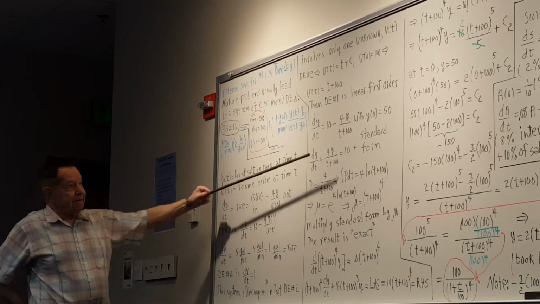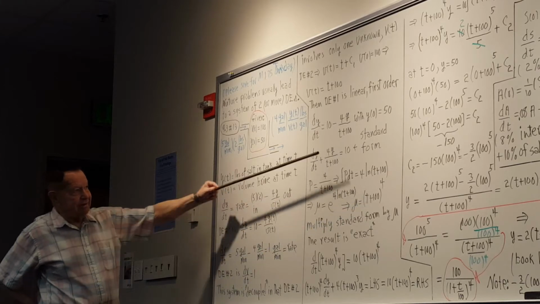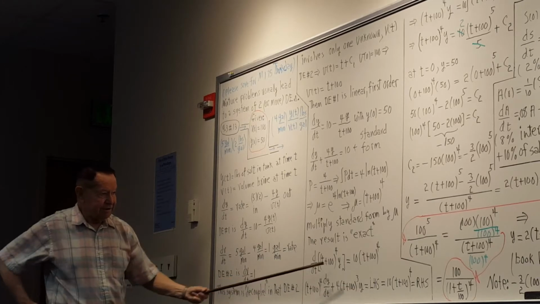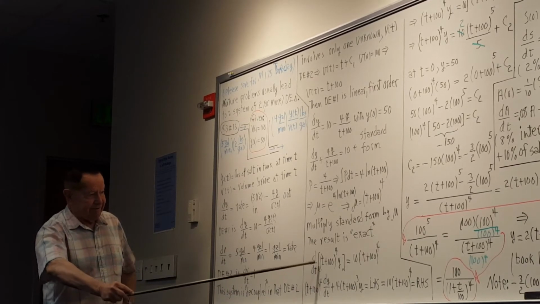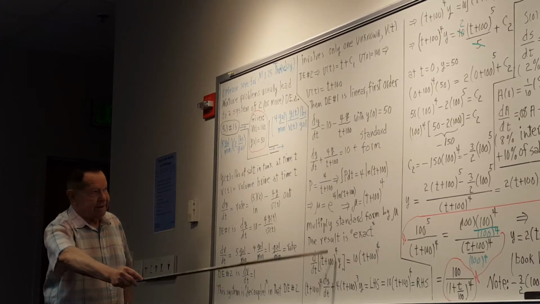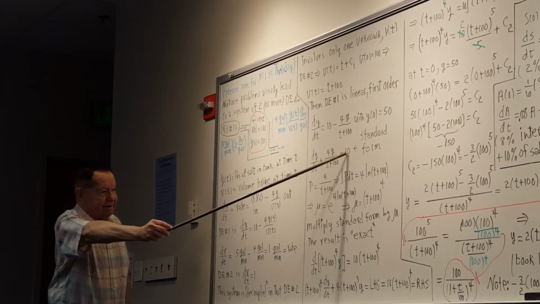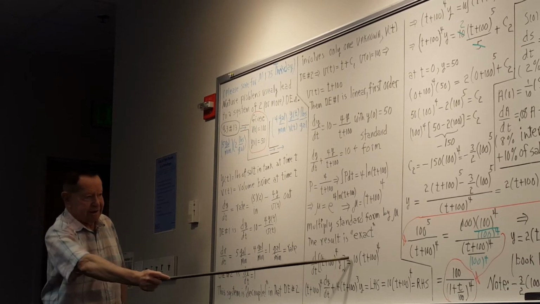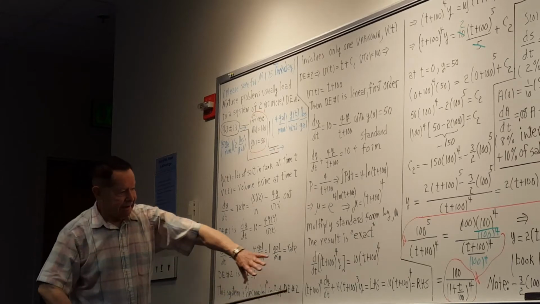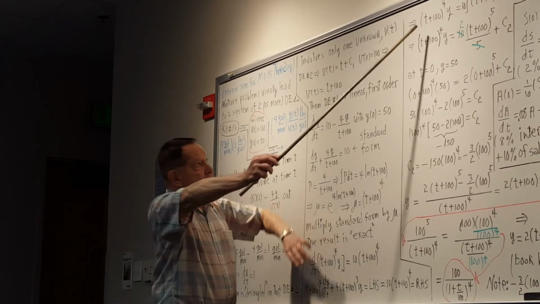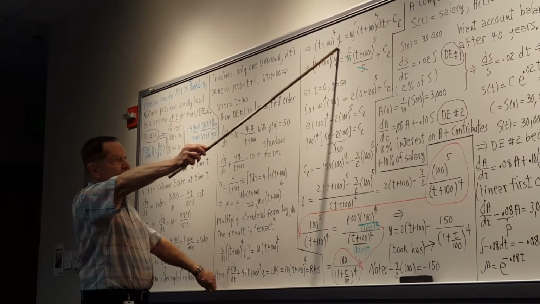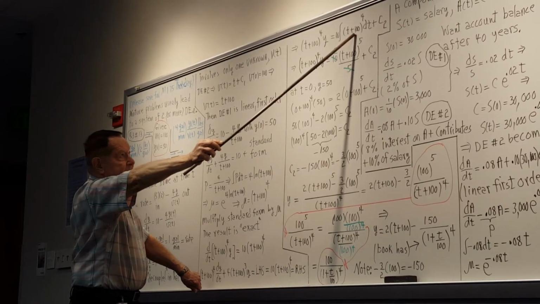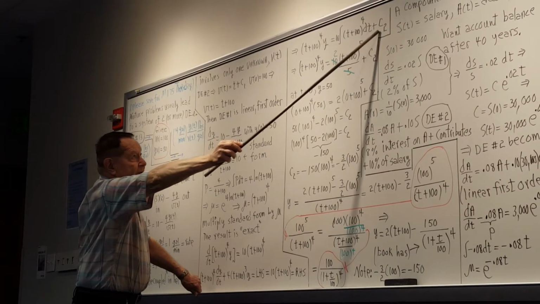So the standard form times the integrating factor is this, which is the result of the derivative of the product. And then the right-hand side is the 10 times the integrating factor. So now you can slap the integral sign on both sides, and it gives you your integrating factor times y on the left, and the integral of t plus 100 to the 4th on the right, plus a constant.